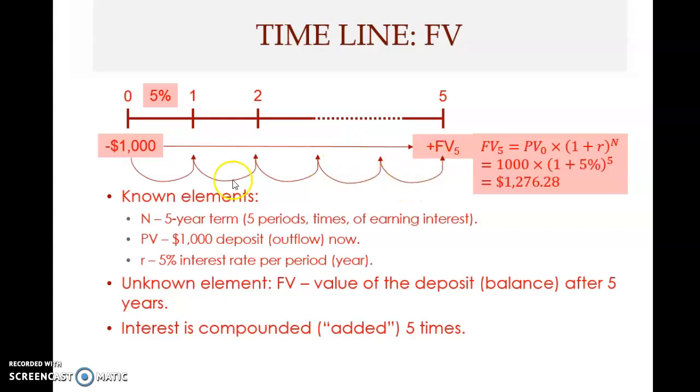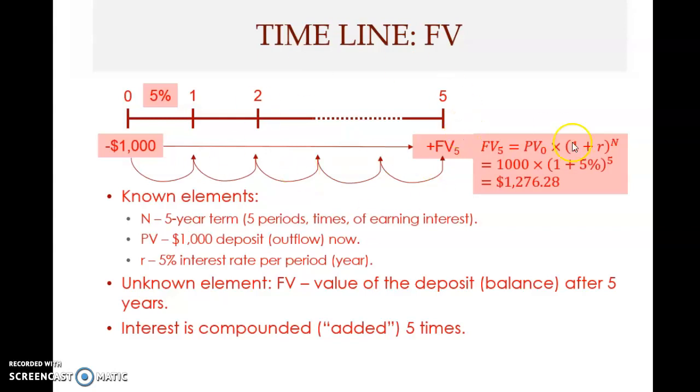So this is done every year. This is why it's called yearly compounding interest rate. That means every year or every period, it's compounded once. That is the definition. But here it is yearly. Therefore, every year it's compounded once. So therefore, it's compounded 5 times.